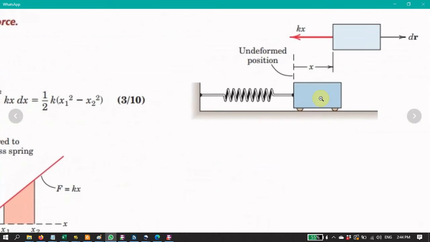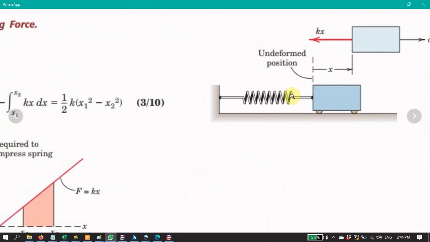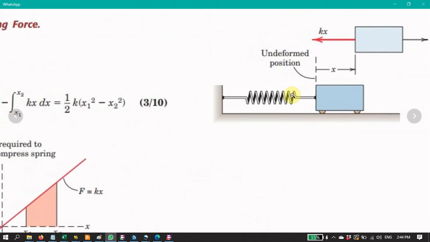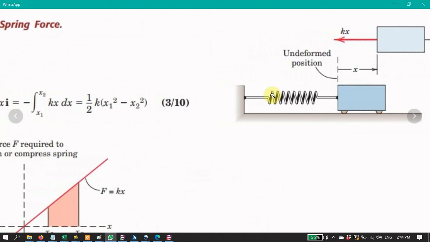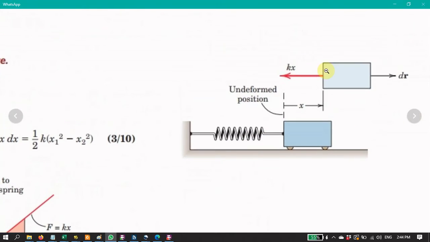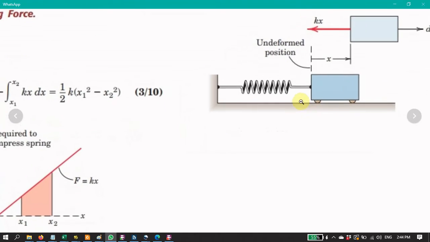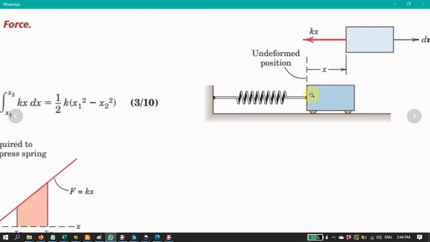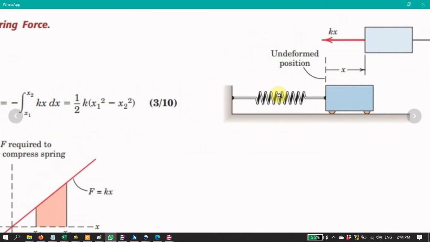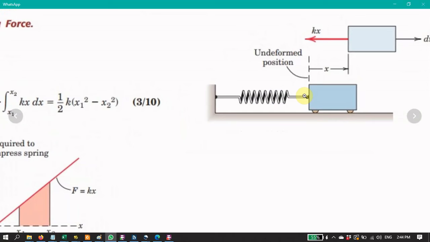If the cart is moving to the right, we have a spring force that always tries to pull it back to the undeformed position. And if the cart is moving to the left, the spring force is always acting opposite to the motion, so that the body comes back to the undeformed position.